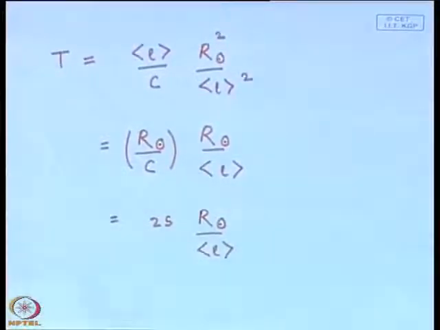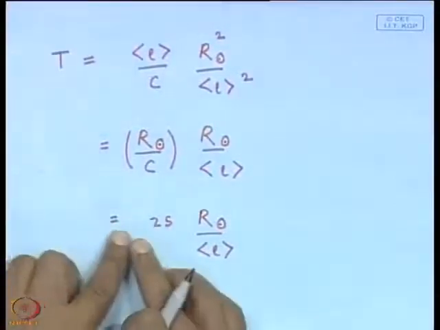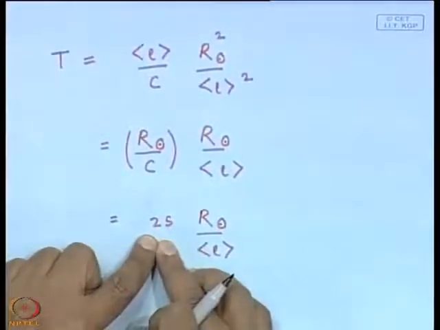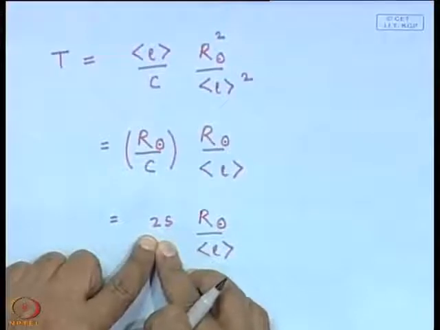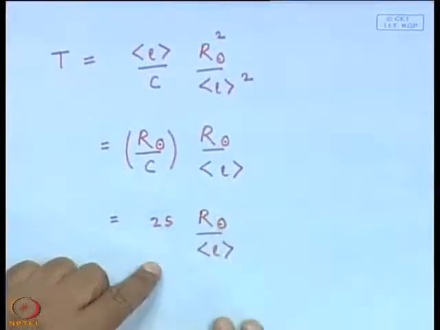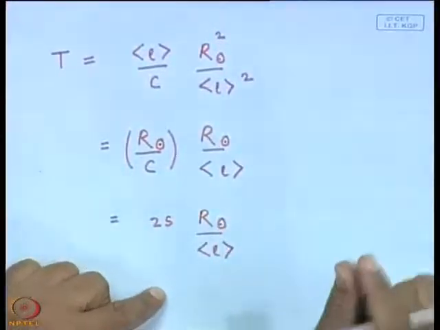So let me remind you what we are discussing. If the photon propagates freely from the center of the sun outwards, it will take barely 2 seconds to come out. But it cannot propagate freely. It gets scattered after traveling roughly every centimeter, half a centimeter or whatever, 1.7 centimeters, it changes direction.